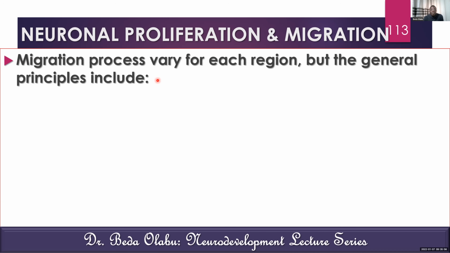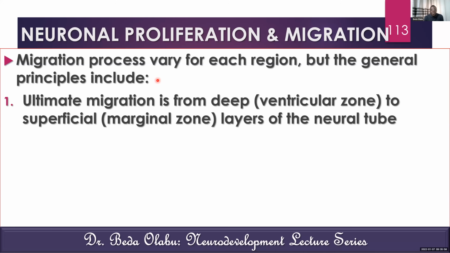However, there are some principles that we can take home. The ultimate migration path is from deeper zones to superficial zones of the neural tube. That's the ultimate. So whether it was taking a radial trajectory pattern or a tangential trajectory pattern, ultimately neurons migrate from deeper zones to superficial zones.